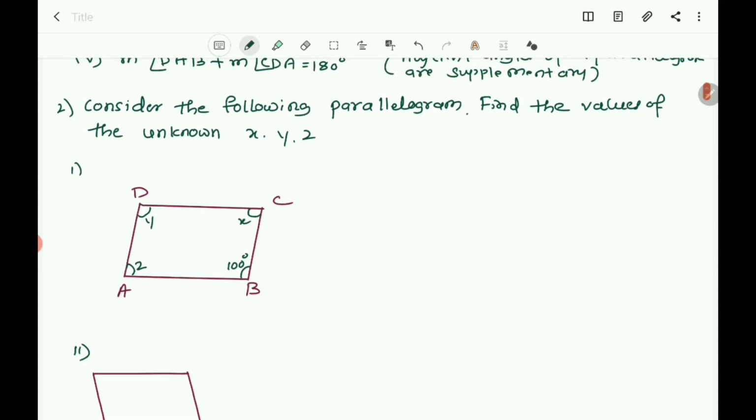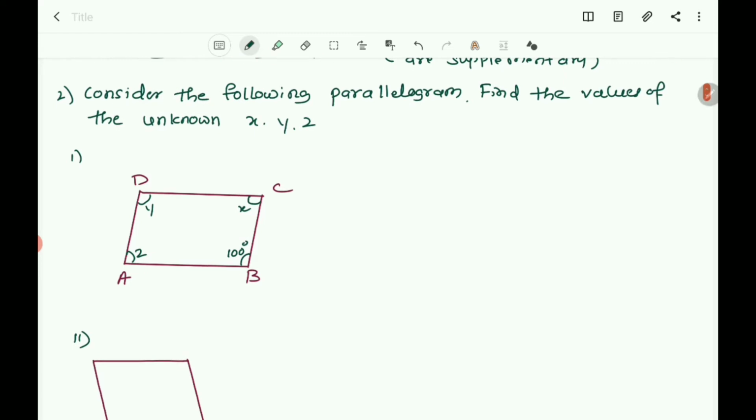Now here we have to use the property of the parallelogram. As angle B is equals to 100 degree, angle D must be 100 degree because angle D and angle B are opposite angles. So you can write angle D is equals to 100 degree here. They are opposite angles of the parallelogram, they must be equal.